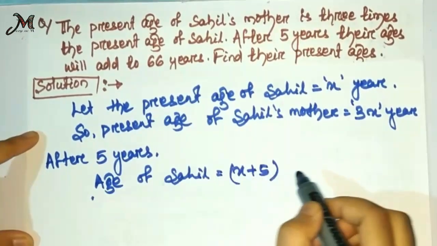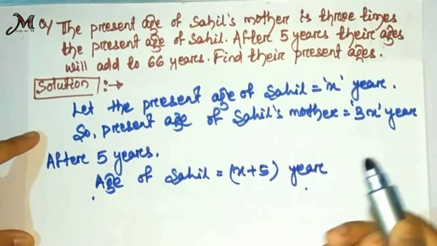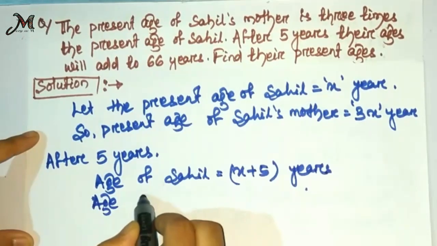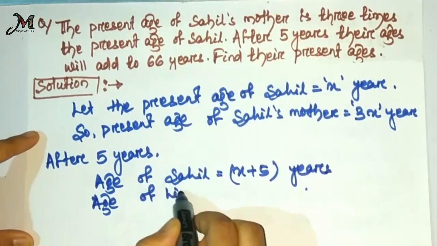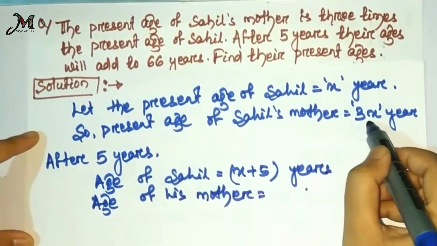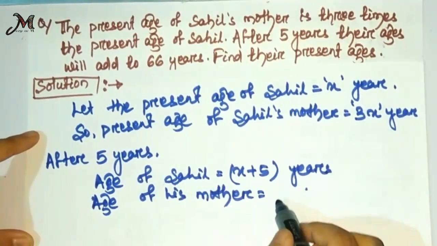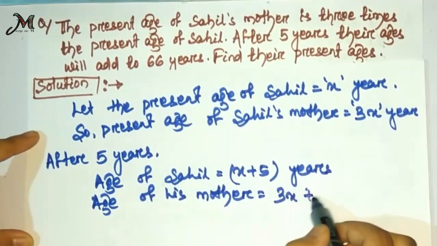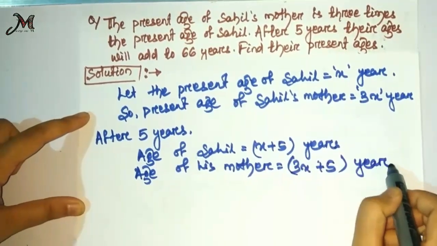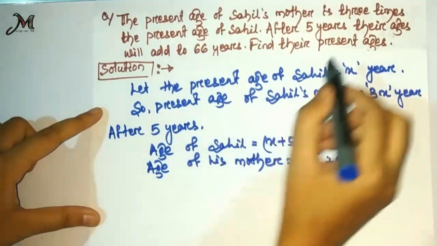So age of Sahil is equal to x plus 5 years. Then age of his mother, what will be her age? Her present age is 3x years, right? So after 5 years, her age will be 3x plus 5 years.